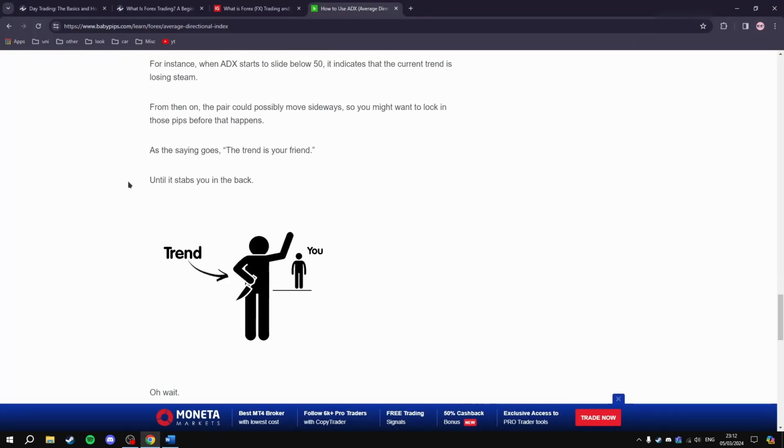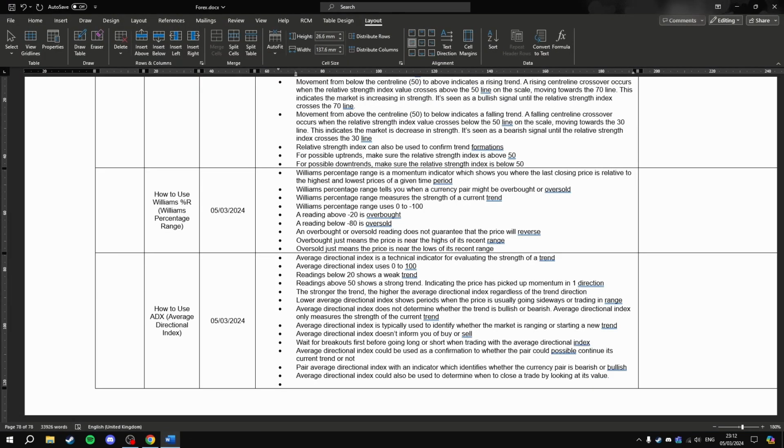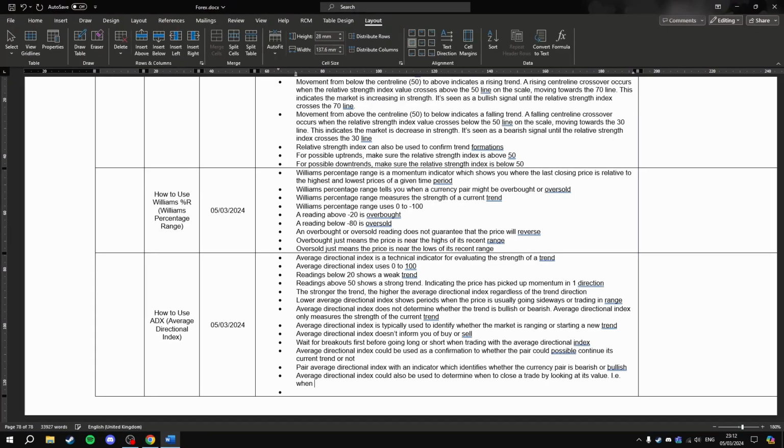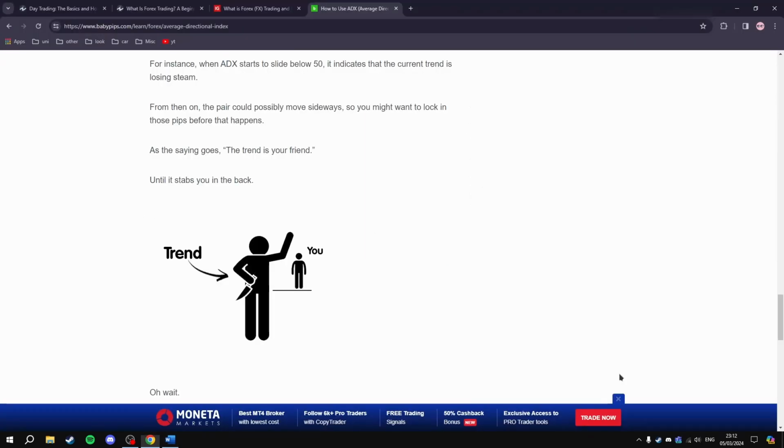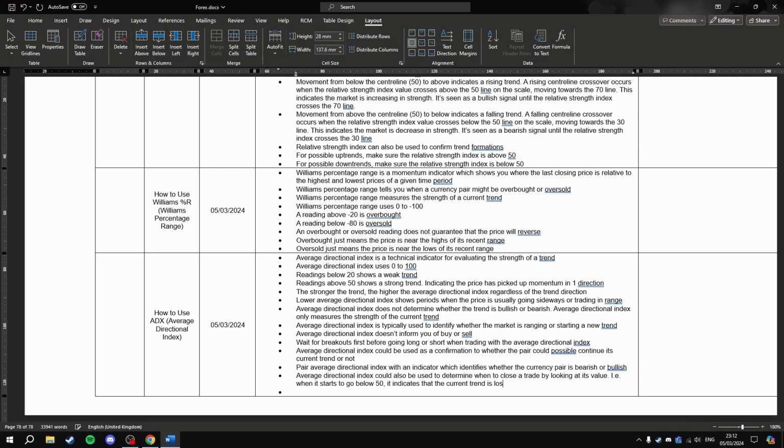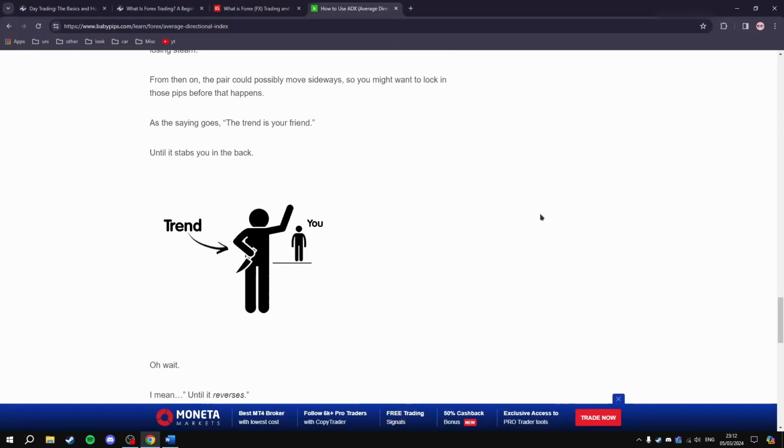For instance, when ADX starts to slide below 50, it indicates that the current trend is losing steam. From then on, the pair could possibly move sideways, so you might want to lock in those pips before that happens.